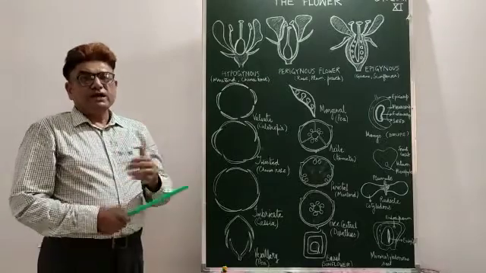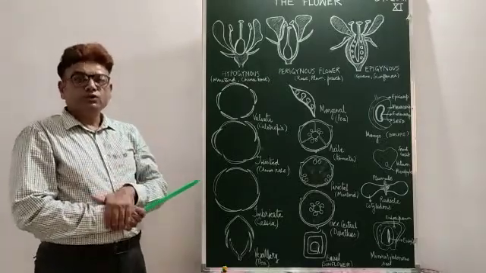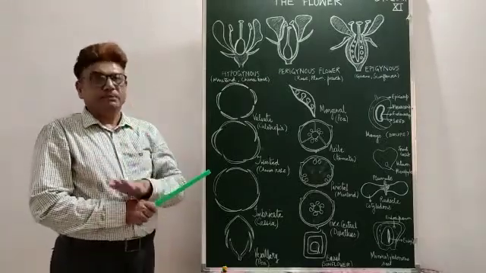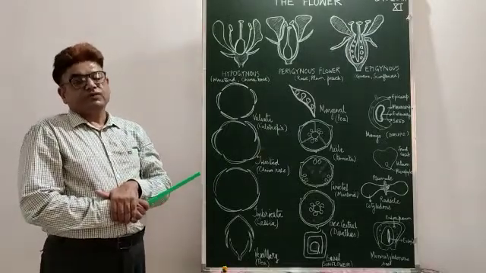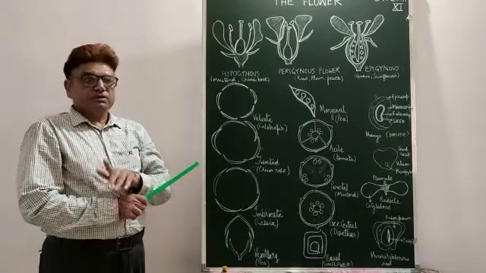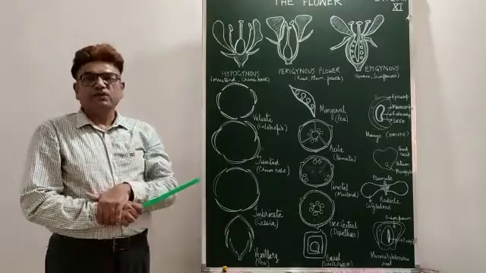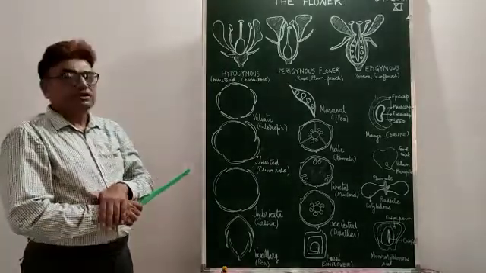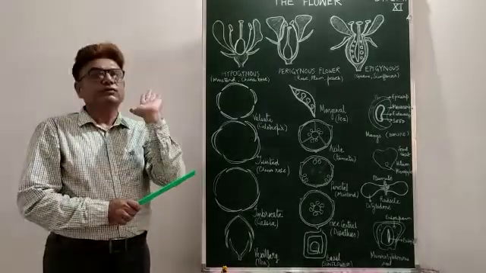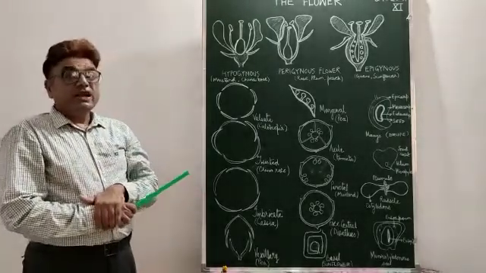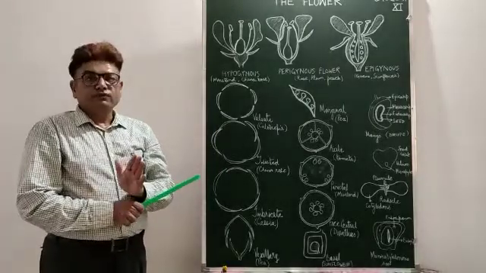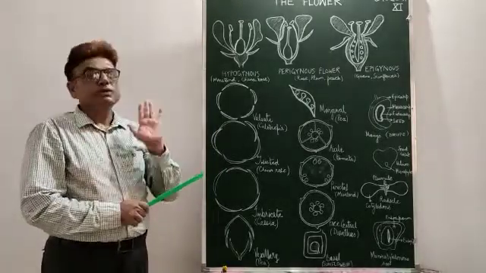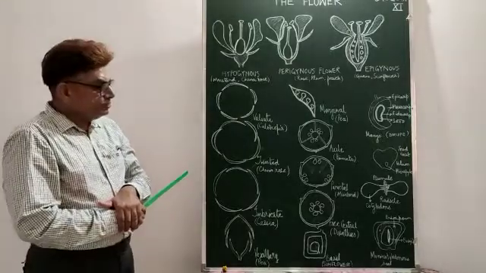But if the flower can be divided into two equal halves by any radial plane, that type of symmetry is known as actinomorphic. And asymmetrical flowers are also there, which cannot be divided into two equal halves by any plane.